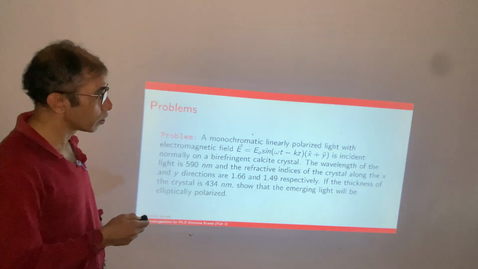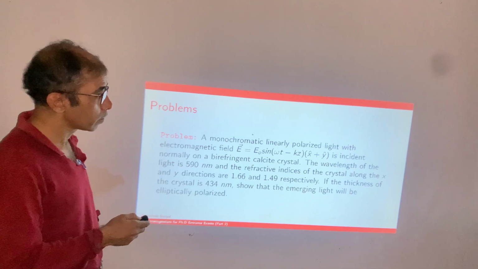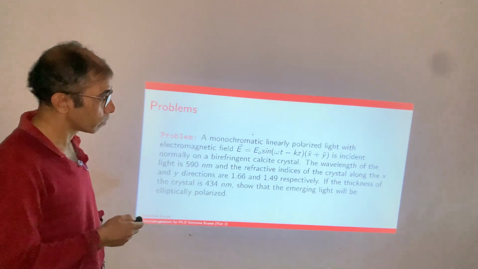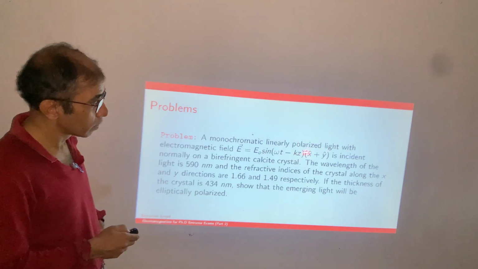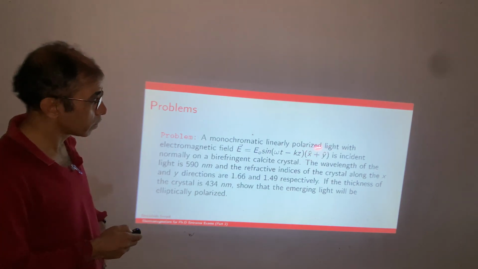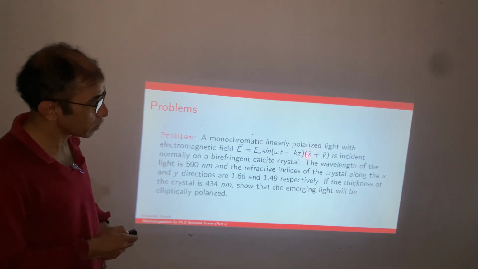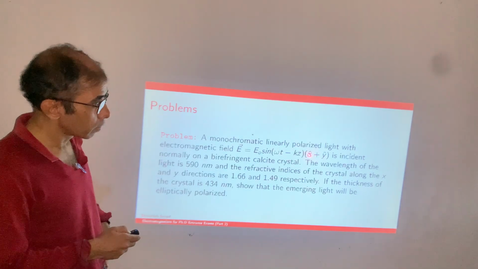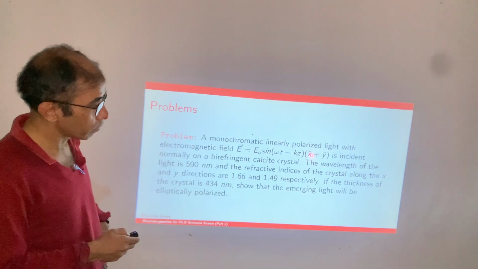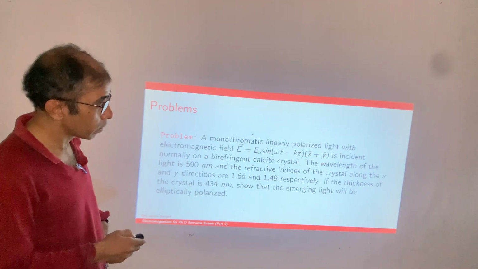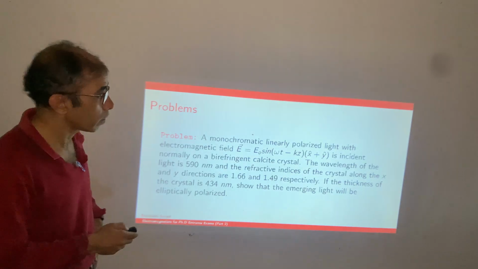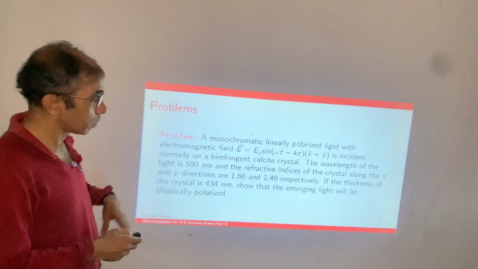We have a linearly polarized light incident. One component will be along the x direction inside the calcite, and the other component will be along the y direction. That's how it will break.